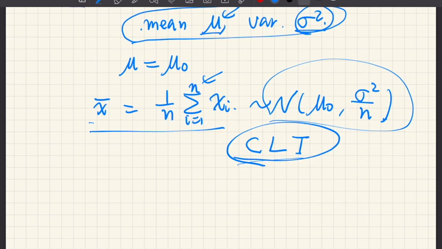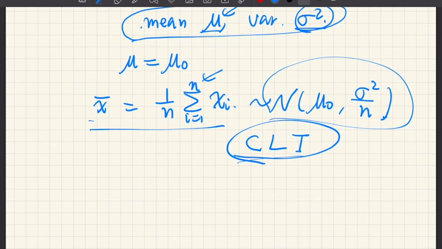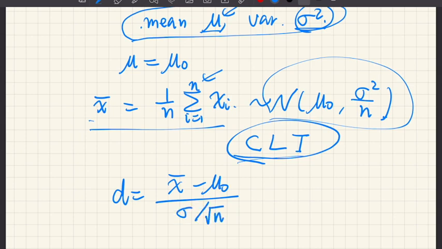If we standardize this x bar, let's define x bar minus mu 0 over sigma over square root of n. Then this will follow the standard normal distribution, right? This sigma over square root of n is the standard deviation obtained from here.